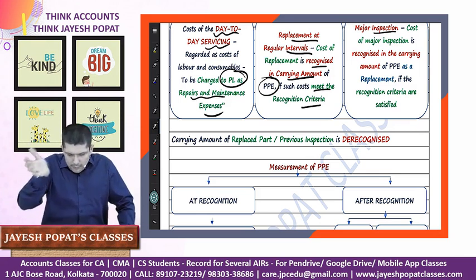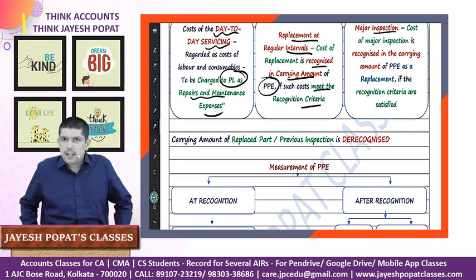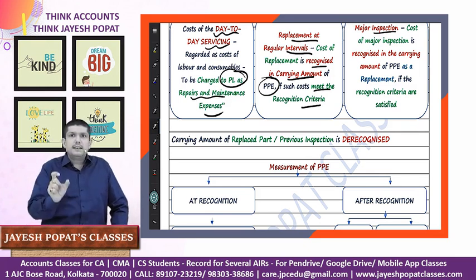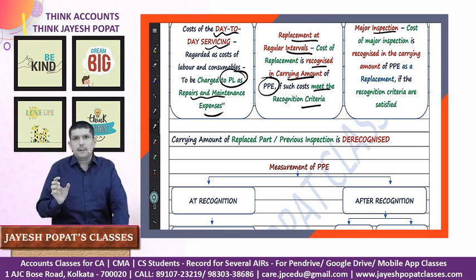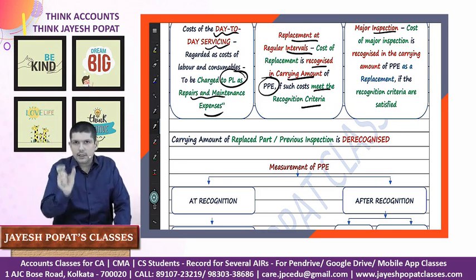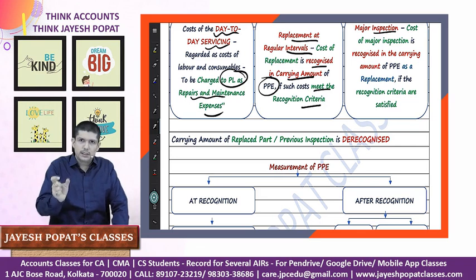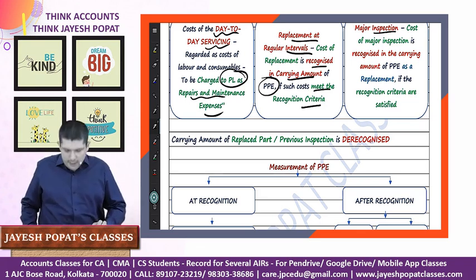So when we have the new seats in place, we'll capitalize the cost of these new seats to the cost of the airplane. But till this date, we have depreciated for 6 years, and 2 years of cost is still lying in the block of that particular aeroplane. We need to take it off. We need to derecognize the carrying amount relating to the seats for the residual period of 2 years, when we are capitalizing the cost of the new seating arrangement.